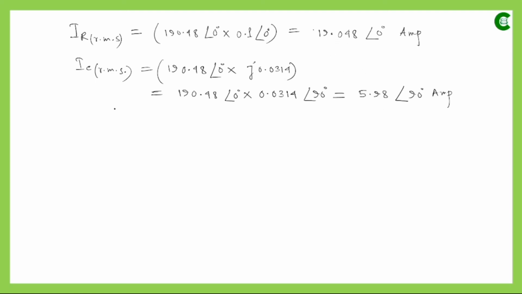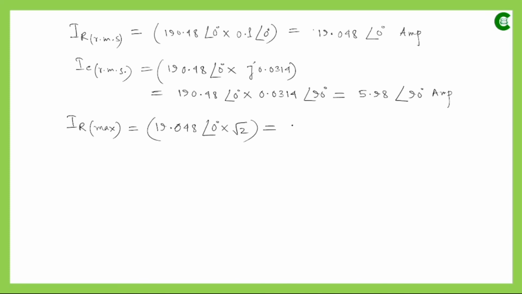If we want to get the peak value of those currents, it can be calculated as 19.048 at 0 degree multiplied by the √2 factor.